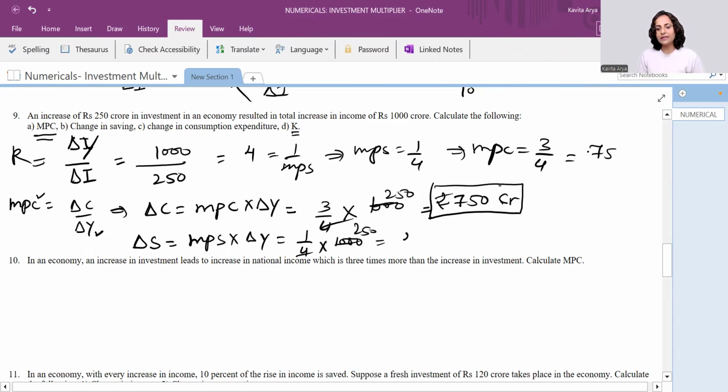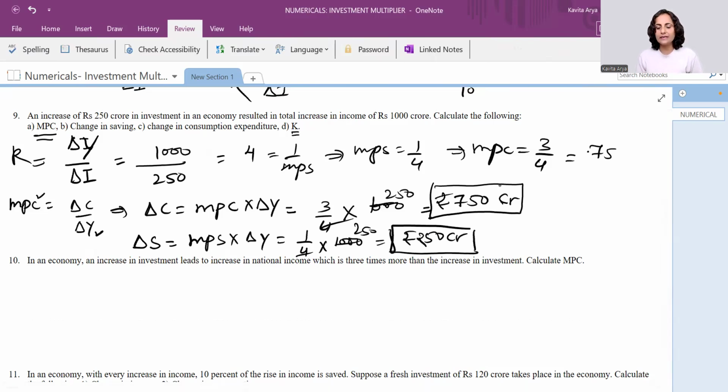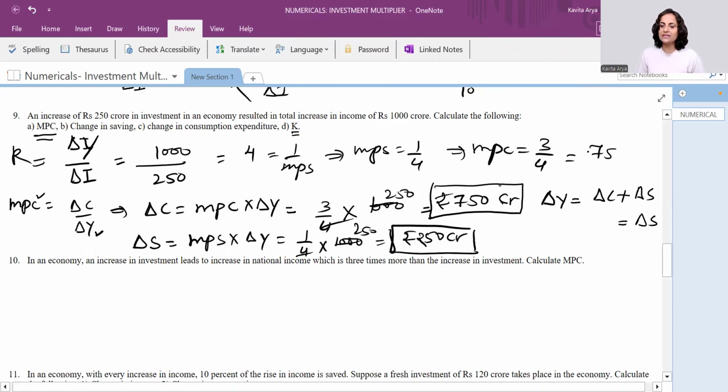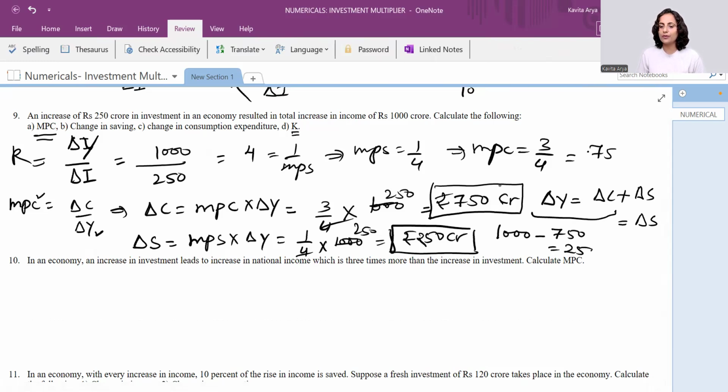The alternative method is we know that change in income results in change in consumption and change in savings. So if we are finding change in savings, we can simply use this formula as well: change in income was 1000 and consumption was 750, so this had to be 250. It's your wish which way you take out the second value.